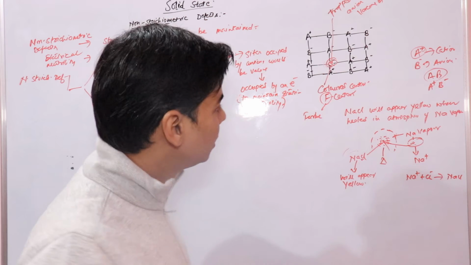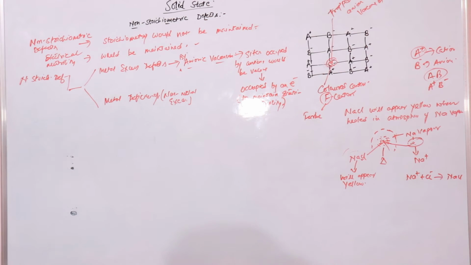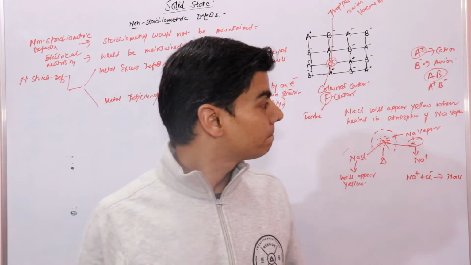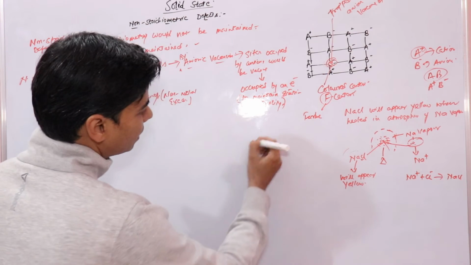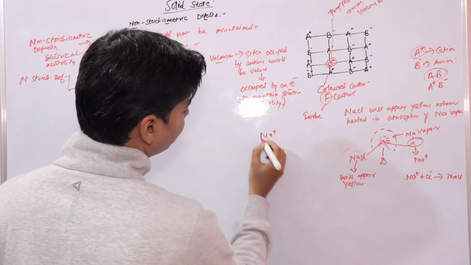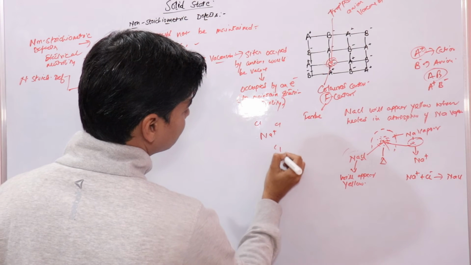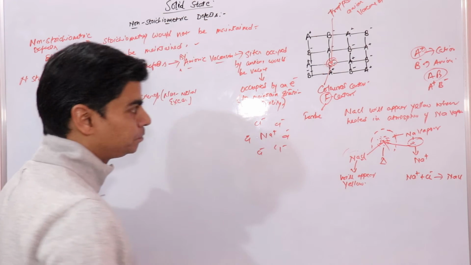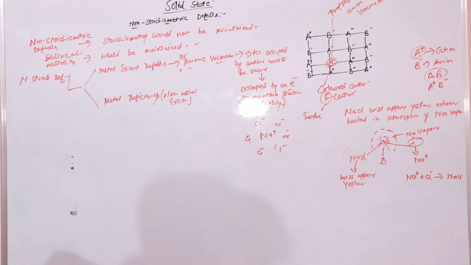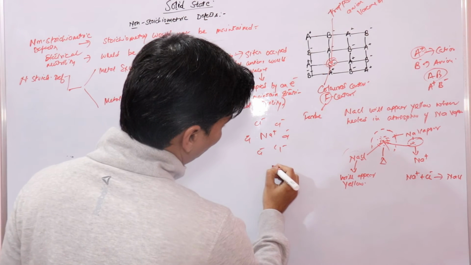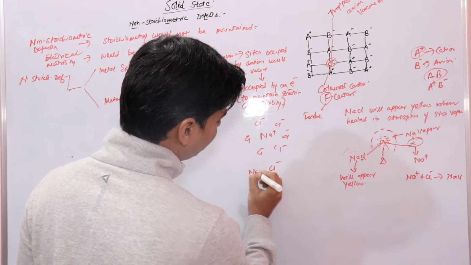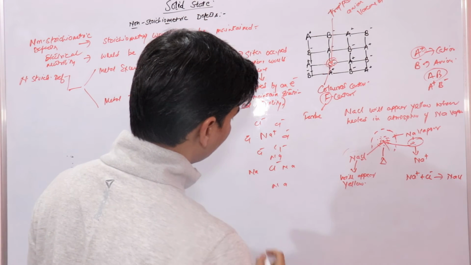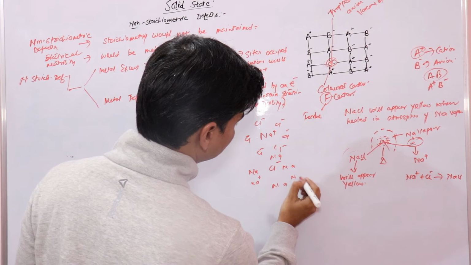We know that in the crystal structure of sodium chloride, one sodium ion is surrounded by 6 chloride ions. Similarly, one chloride ion is also surrounded by 6 sodium ions.